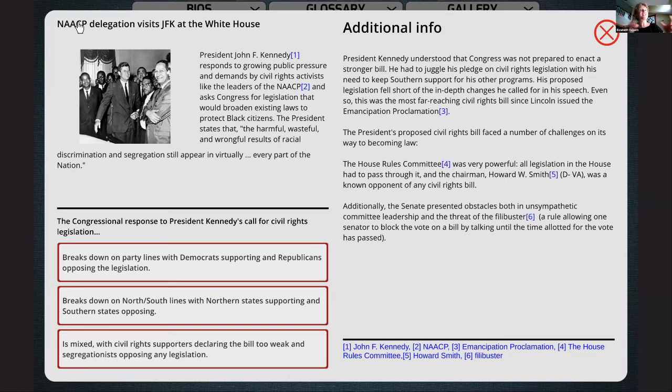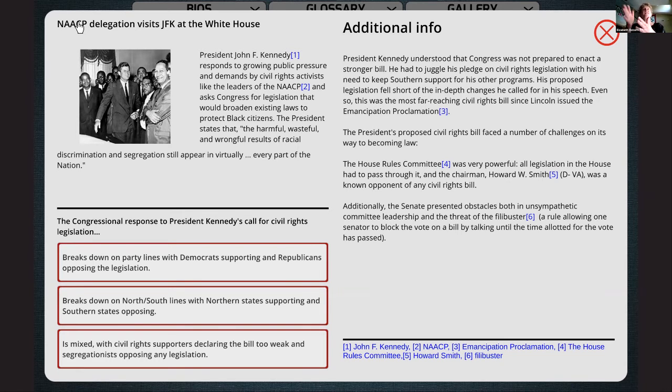And then during that summer is when the I Have a Dream speech happens, the bombing of the 16th Street church. All of those things are happening during the same period where that legislation is sitting in Congress, not going anywhere, right? And then Kennedy is assassinated in November.